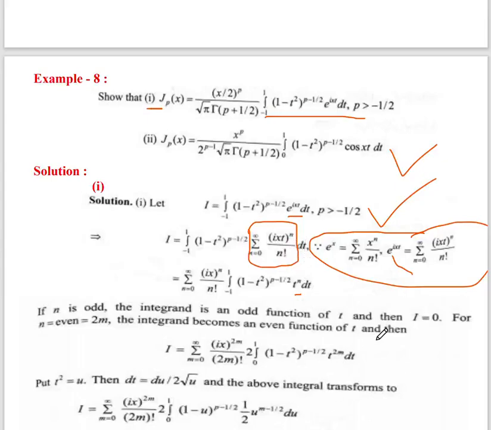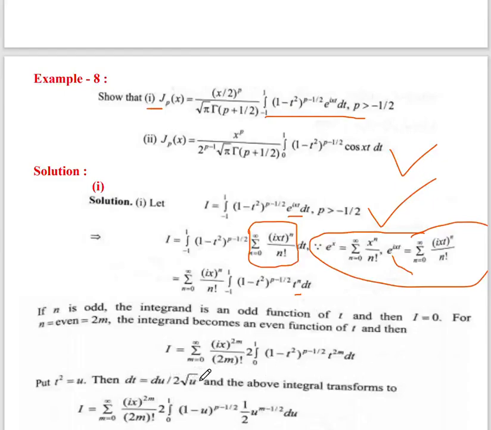Now there may be two conditions. If n is odd, the integrand is an odd function of t, and then the value of the integral will become 0. If n is even, that is 2m, then the integrand becomes an even function of t. So if n is odd, you will get the 0 value; if n is even, we will get this result. So we consider n as even.